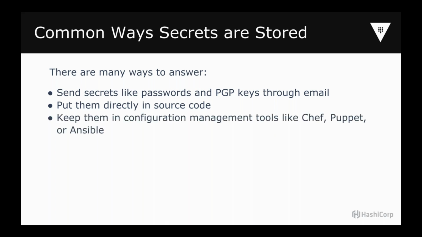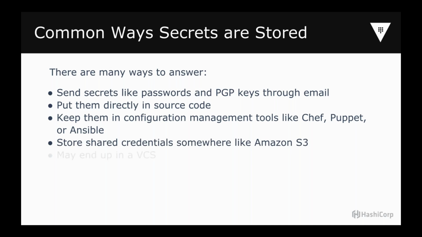Some people will keep secrets in configuration management tools like Chef or Puppet or Ansible. They'll store credentials somewhere like Amazon S3 or Amazon's key value store, or they could end up in a version control system.